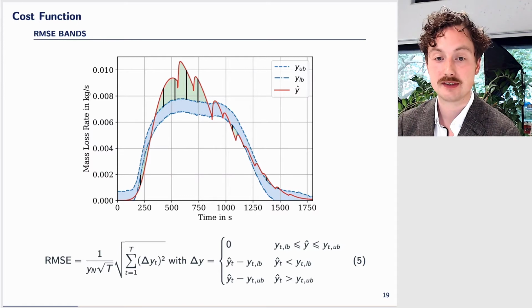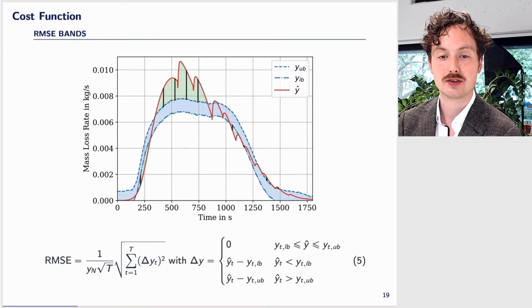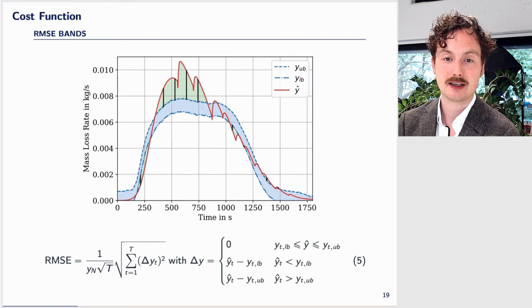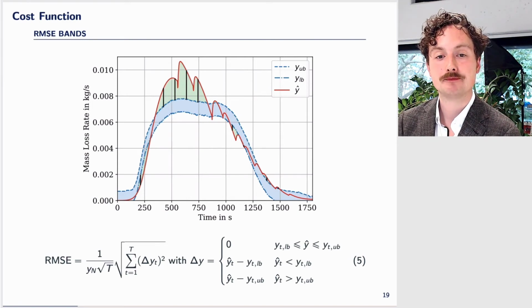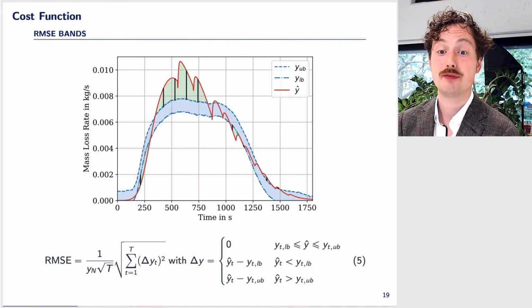Yet, a less stiff system could lead to benefits like quicker convergence and robust solutions. Bands, what we called it, rates any value between a lower and the upper boundary, as can be seen in the figure, as perfect fit for a given point. Otherwise, it uses the actual distance.